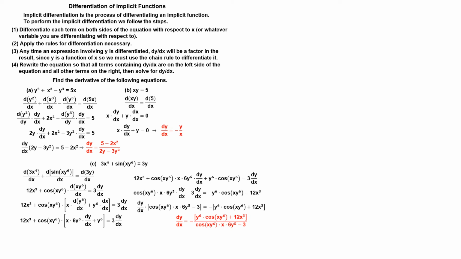Let's solve item D. We follow the steps. Step 1. Differentiate every term on both sides with respect to x. Steps 2 and 3. For the first and third terms, we use the product rule.